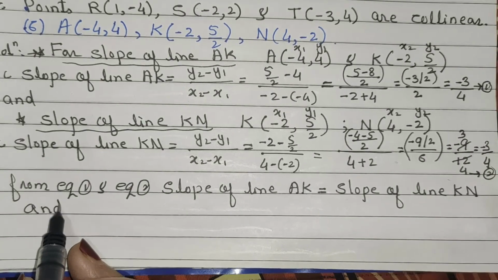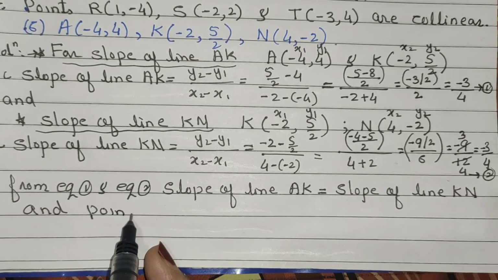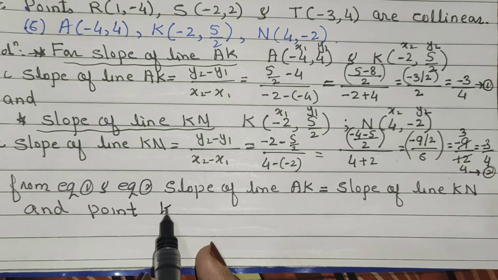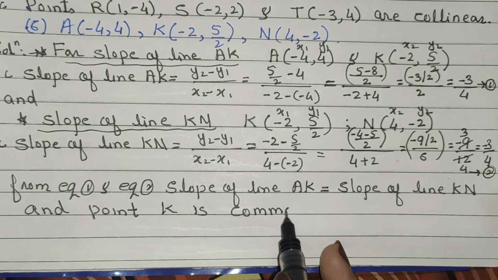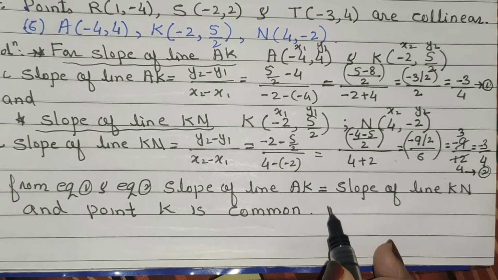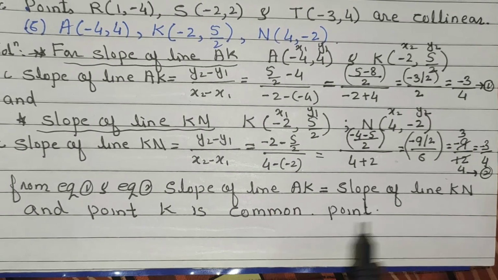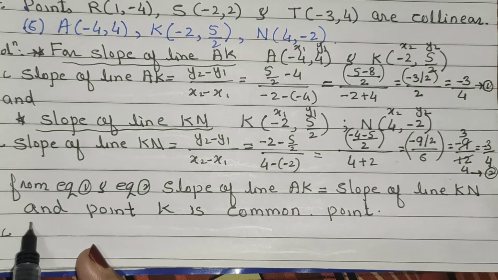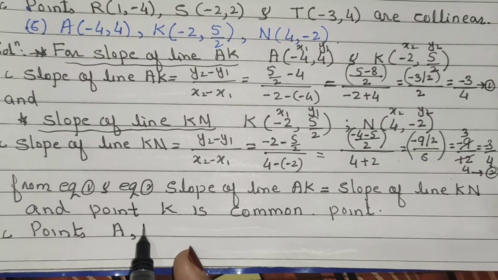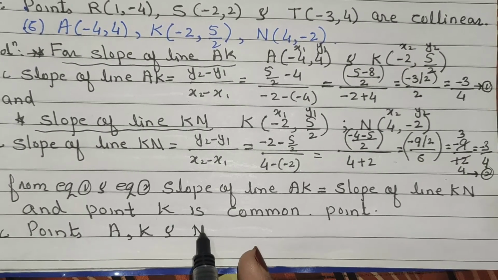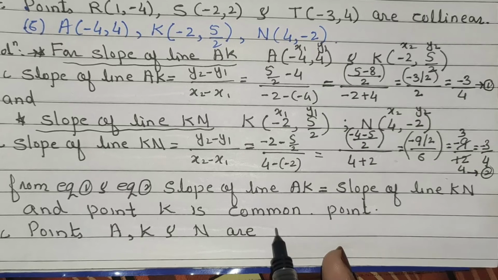Write down here and point K is common point. Therefore points A, K and N are collinear.